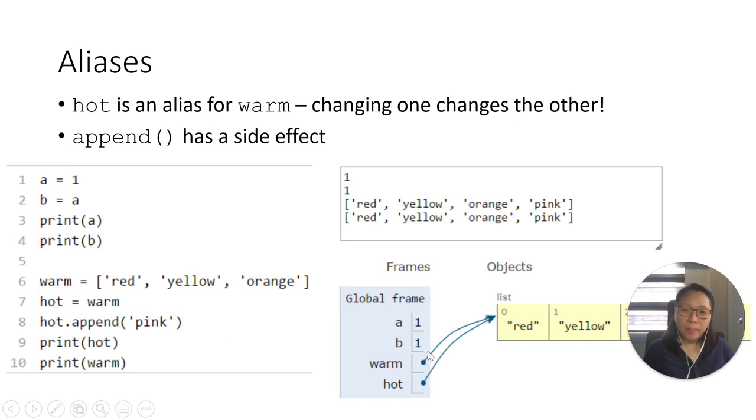So here warm binds to this list object. Therefore, hot also binds to this same list object. Any changes with warm would mean changes with hot also. So these are what we call side effects.